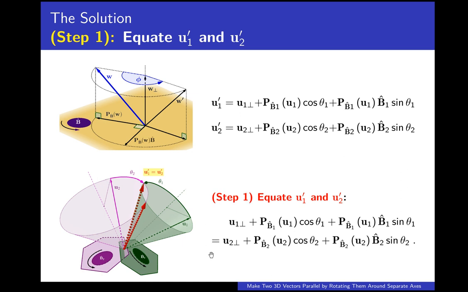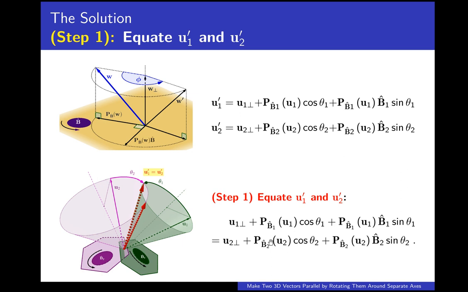So that's a big hint. And also we go back to the fact that the angles of rotation are independent of each other and of the current positions. Theta 2 is independent of the current position of u1, and theta 1 is independent of the current position of u2. Those are big hints.